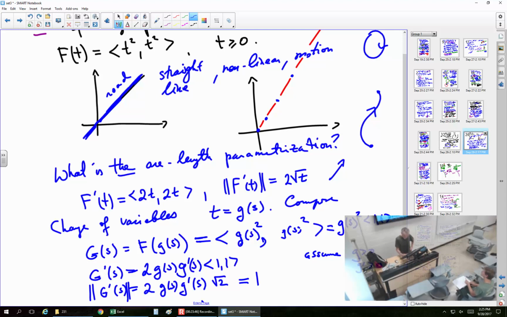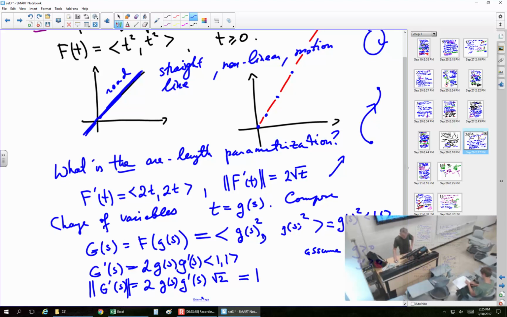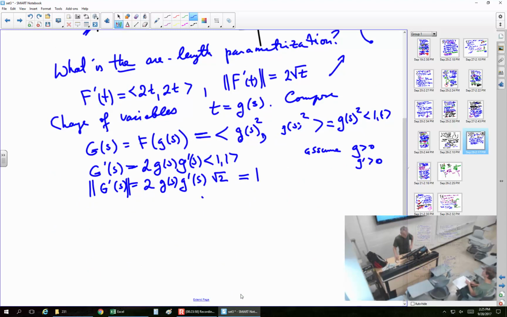Okay, so what remains now is to figure out what that function is. So any suggestions? What should g be?